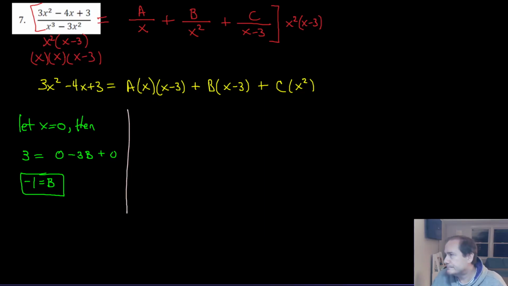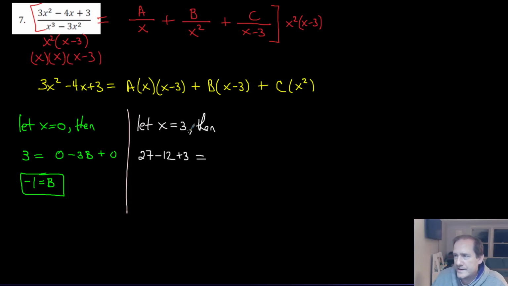Then, do it again. White, I guess. White's a good color. We're going to let x equal 3. Alright, so this math's going to be a little harder this time, but 3 squared is 9 times 3 is 27 minus 12 plus 3, that's going to equal, this whole first term goes to 0 again.